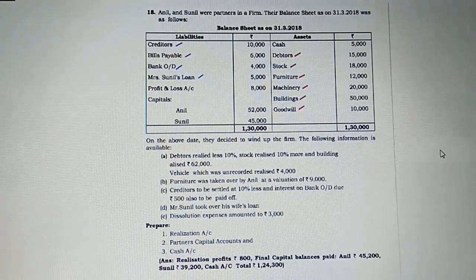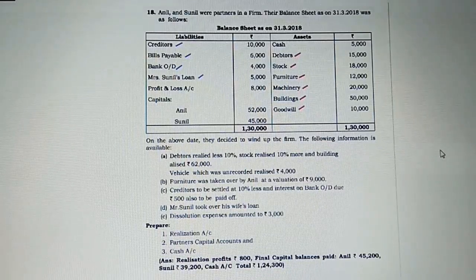Next, on the liability side, the external liabilities or the outsiders are creditors, bills payable, bank overdraft. Bank overdraft is to be considered as an outsider. Next, Mrs. Sunil's loan. This is a partner's wife's loan, so we have to consider it. So we have 4 items on the liability part as outsiders to be treated.